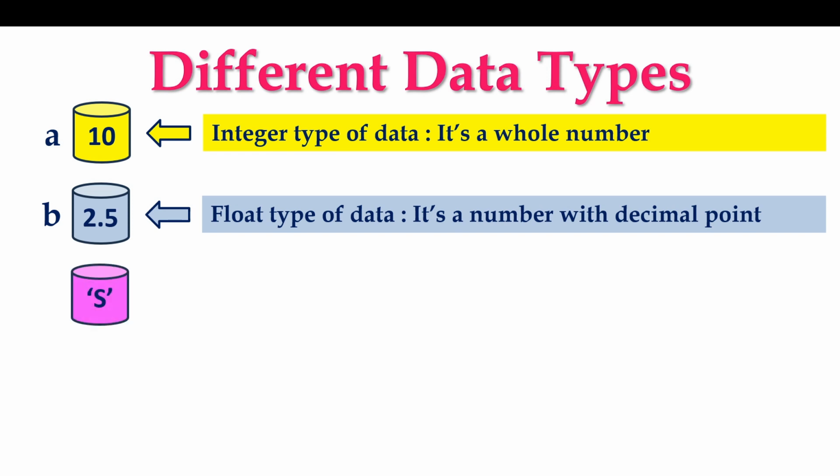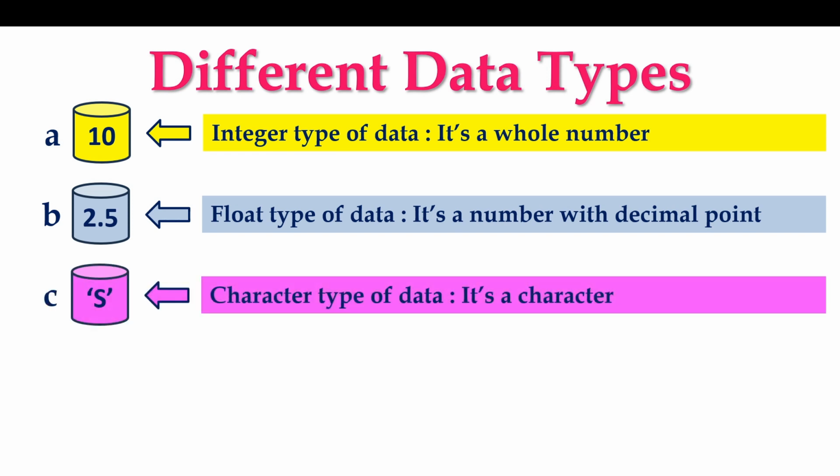And the third type of data type is character type of data. Means it is a character with single quote. It is a single character. Even you can use characters to solve the problem. Character manipulation can be done.